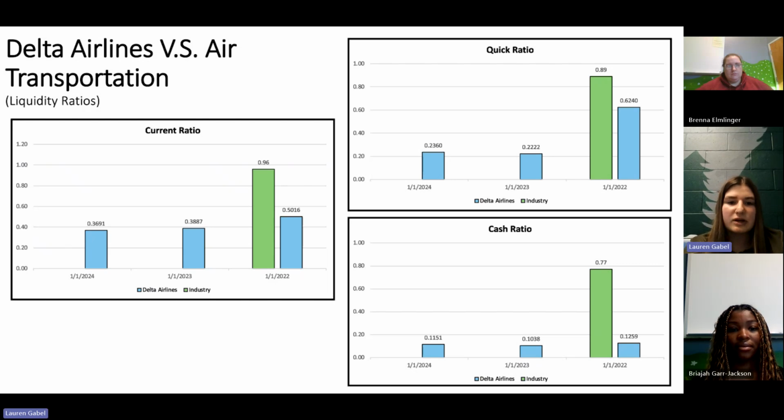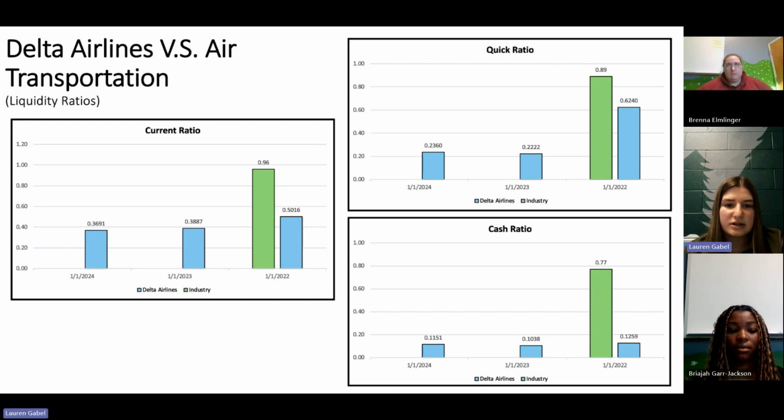The next graph is the quick ratio, which analyzes the ability to pay the company's short-term obligations with their liquid assets. Those liquid assets include cash and accounts receivable. As you can tell in the graph, it is pretty consistent in 2024 and 2023 when we're talking about Delta Airlines, but 2022 stands out because it's 3 times higher than the years prior.